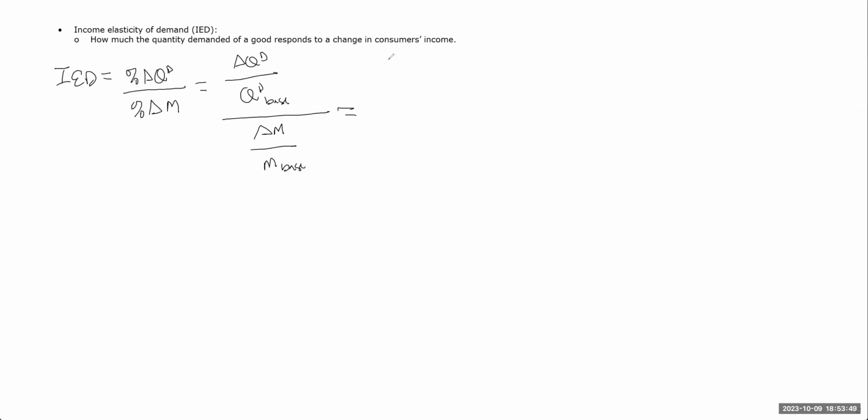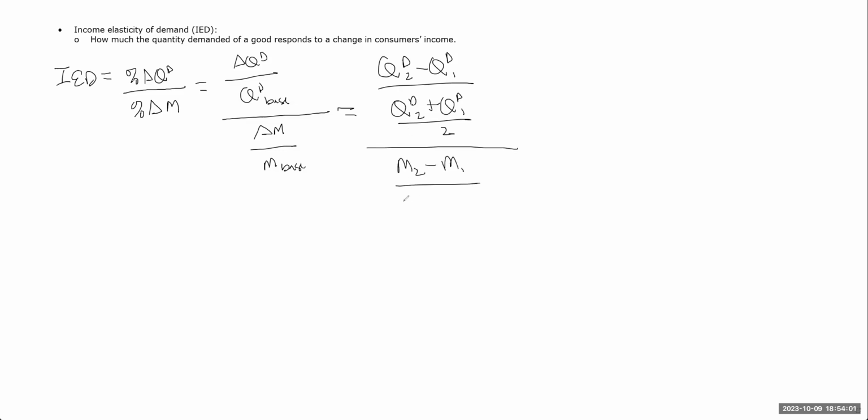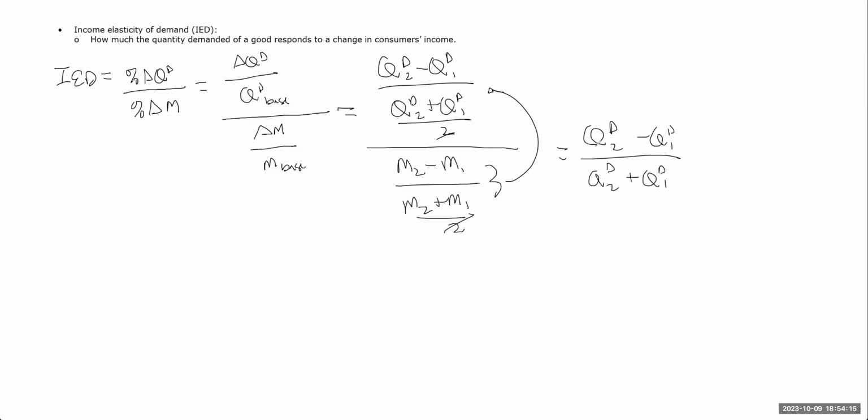And this is equal to QD2 minus QD1 over QD2 plus QD1 divided by 2, over M2 minus M1 over M2 plus M1 divided by 2. These two cancel, and this flips and goes up there. So then we have QD2 minus QD1 over QD2 plus QD1 times M2 plus M1 over M2 minus M1.